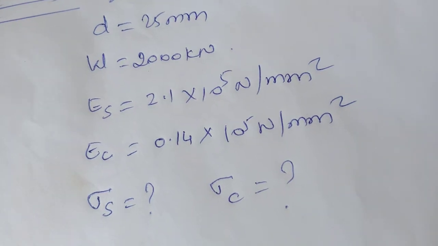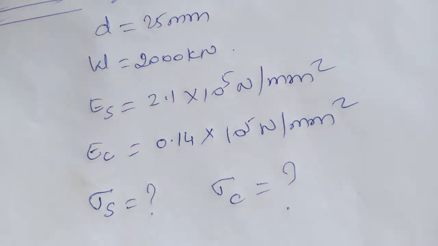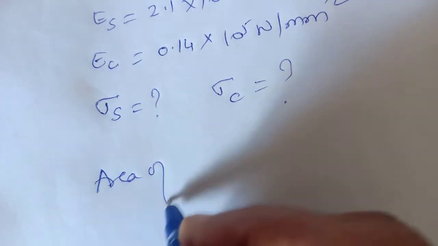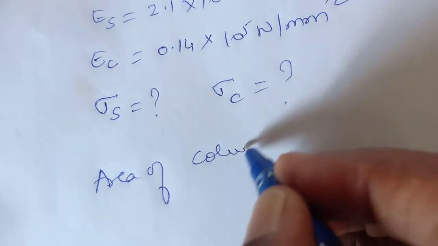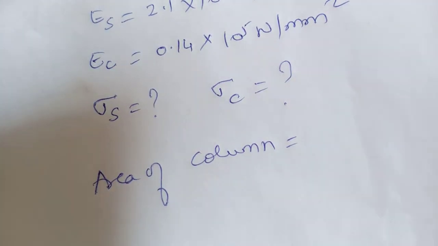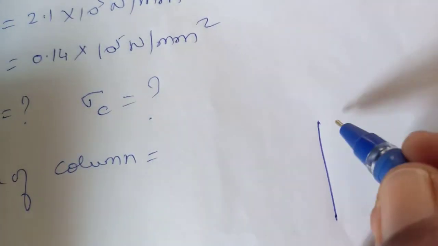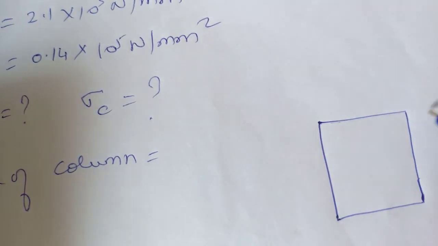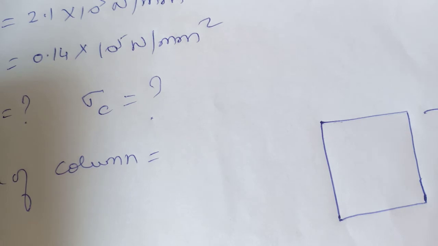Now I will find the area of column. So we shall put the diagram now. In the sum it is given as 500 mm by 500 mm.